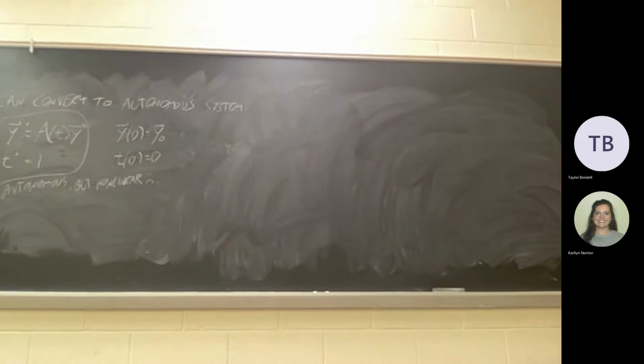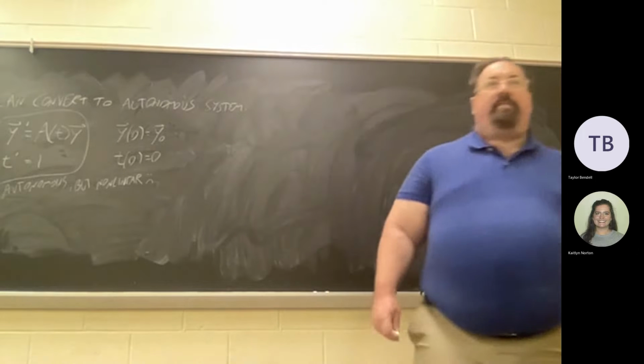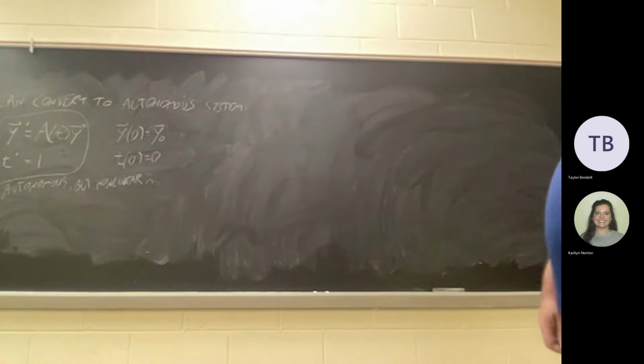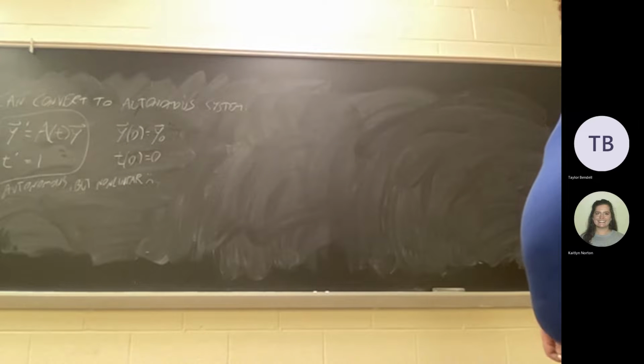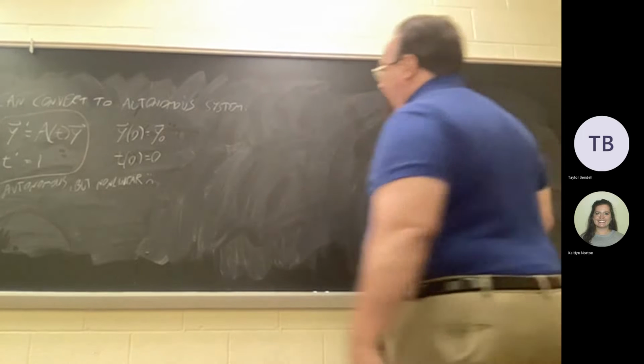The idea of using a matrix exponential to describe the solution rested on two assumptions. One, that the system was autonomous, and two, that the system was linear. So we have to choose between linear and autonomous when the matrix depends on t. We can't have both anymore.